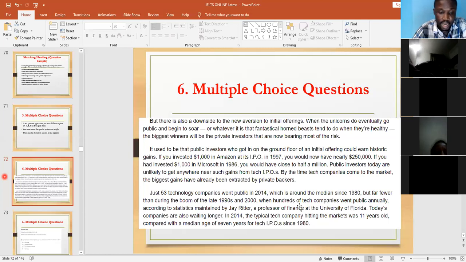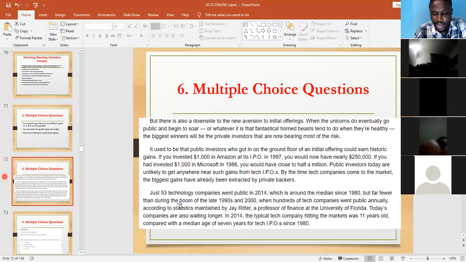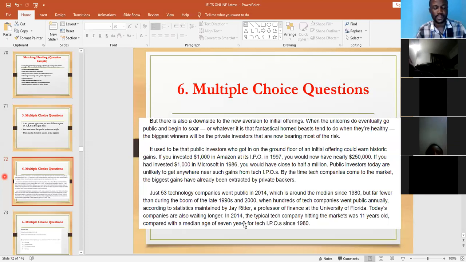Let me go into what this person said. Just 53 technology companies went public, which is around the median, but far fewer than the boom of the late 90s when hundreds of tech companies went public. According to statistics maintained by the professor, today's companies are waiting longer. This is not a research.